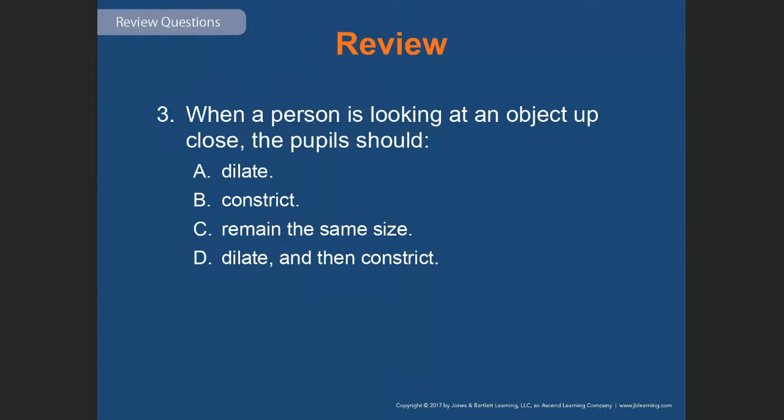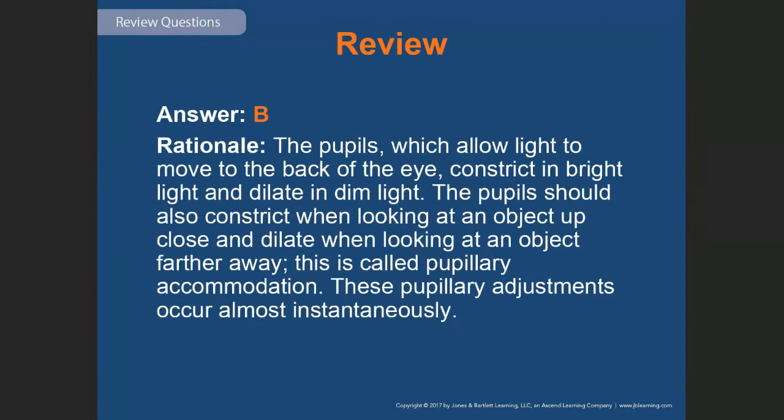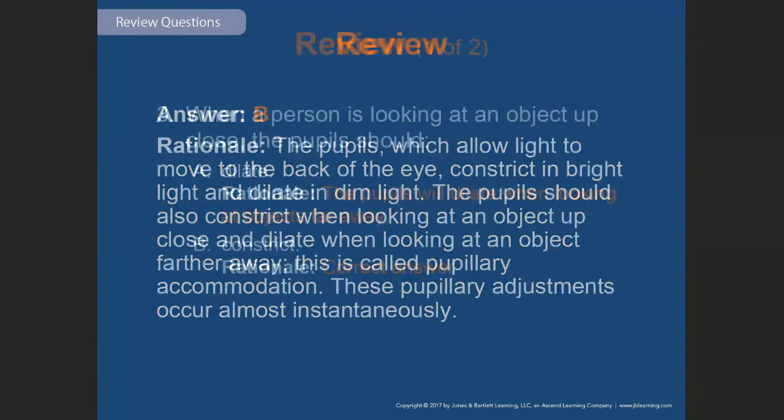Think about it carefully. If I have a pen light and I shine it into the patient's eye, that light is very close to the eye, yes? What happens to the pupil? Okay? And if I start to move that object away, the pupil will adjust accordingly, right? So the answer would be B, B as in boy, right? B would be correct.